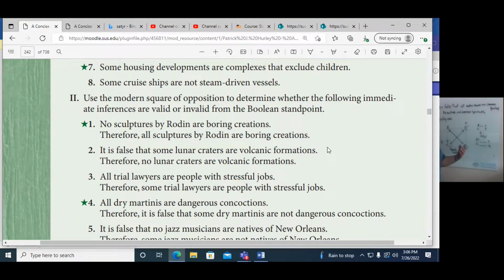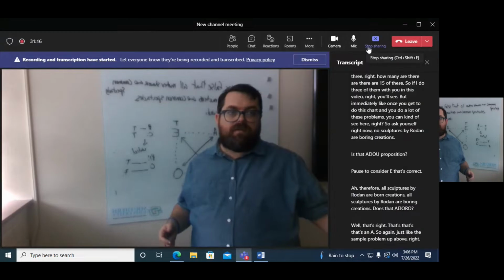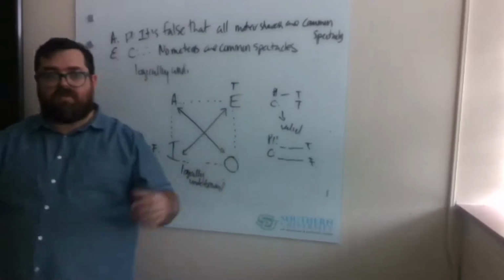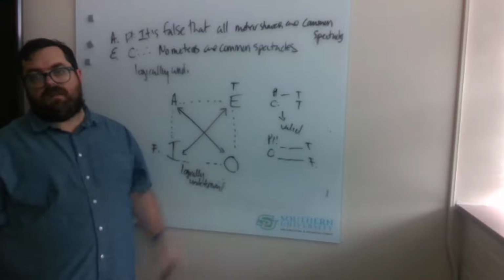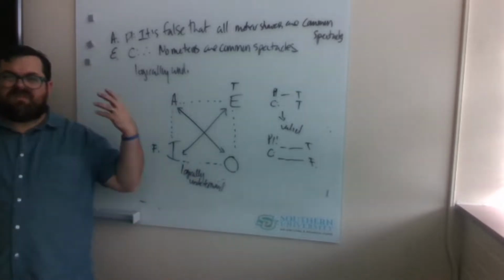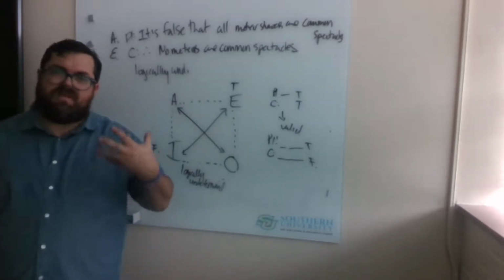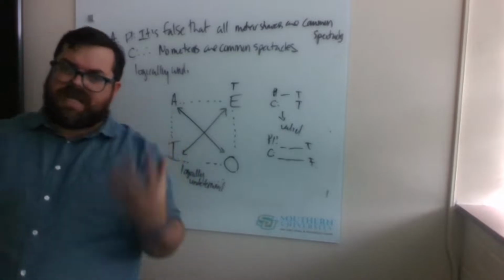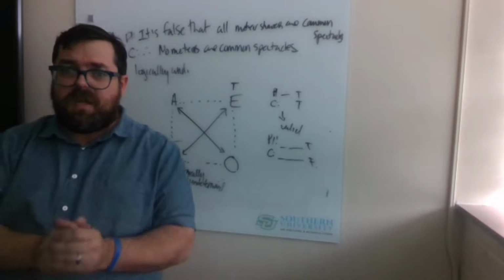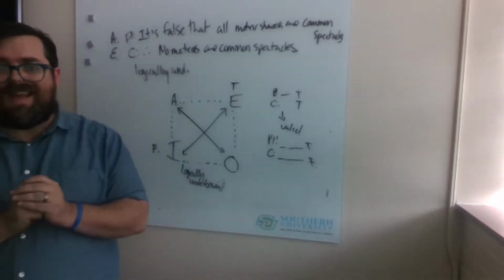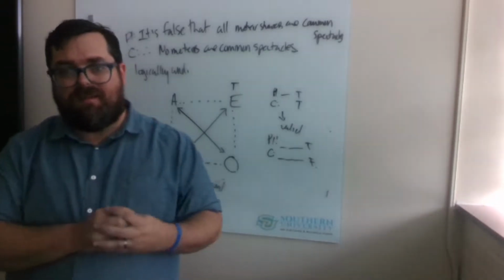So again, just like the sample problem above, that's an A and an E. Immediately, we're crossing the dotted line. So you can see that you don't even need to go through all the steps of the problems that do stand in conflict relationship, because that's logically undetermined and that's immediately going to be invalid.